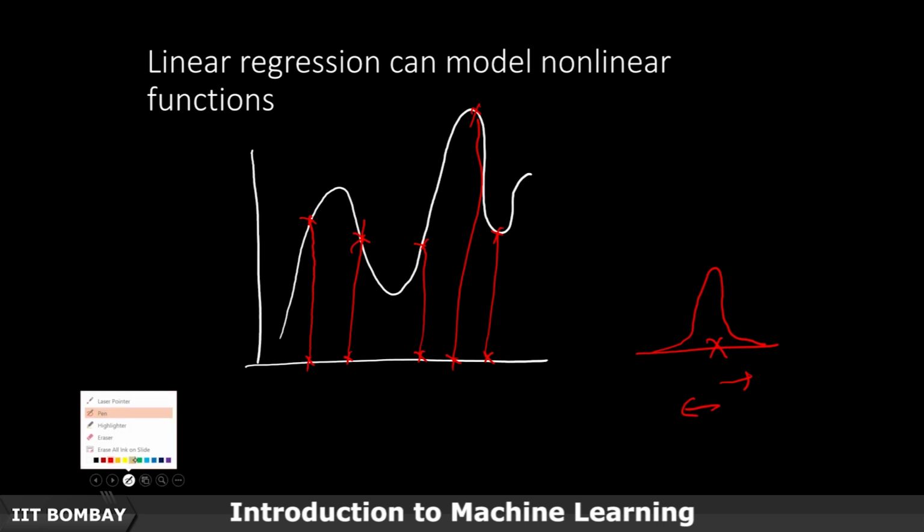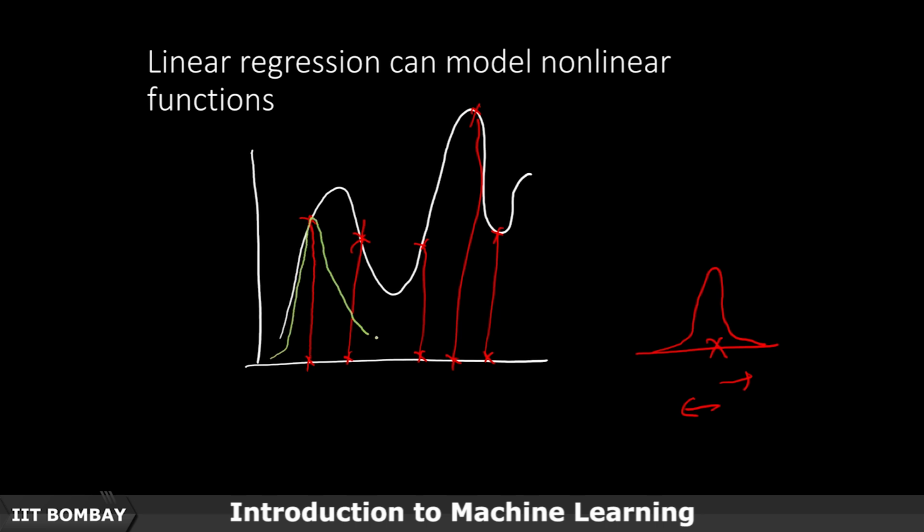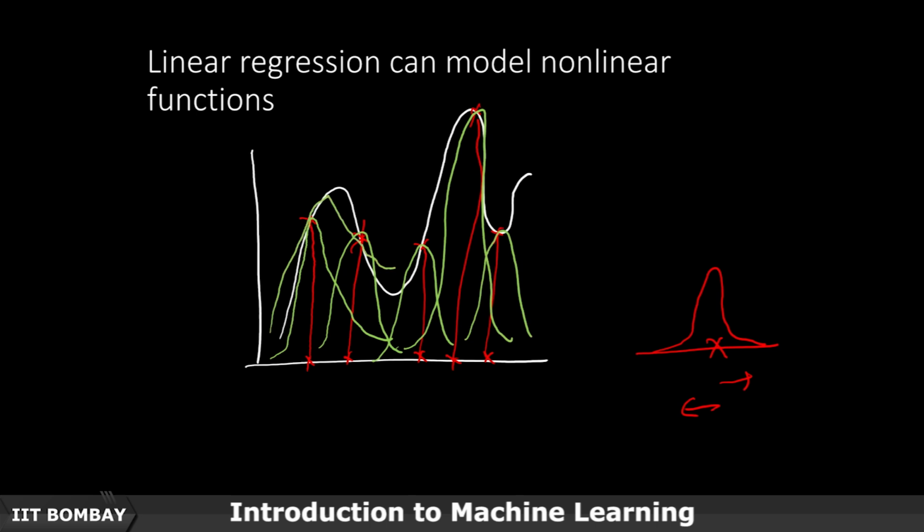So let's say I fit a function that is like this, and a function sitting here like this, a function sitting here like this, and the same function scaled up sitting on this point and this point, and I add all of them up. I might be able to get a curve that is quite similar to the white curve. Okay, so here now what is my linear underlying basis?